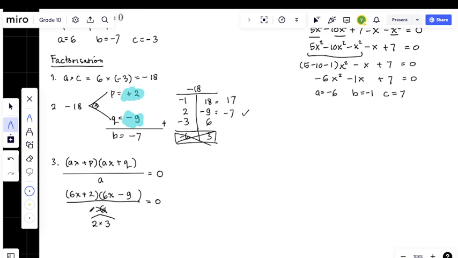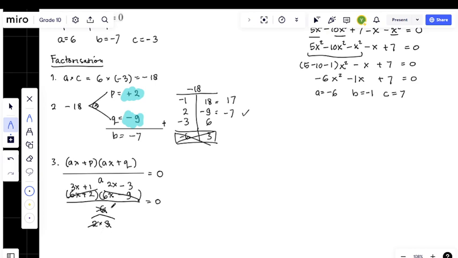Nah sekarang kita coba, ya, the 6x plus 2 surely can be divided by 2, ya. 6x plus 2 nya pasti bisa dibagi 2, yaitu 6x dibagi 2 3x, sedangkan plus 2 dibagi 2 plus 1. So it works, ya, untuk yang ini bisa. Ya, what about the other one? Nah, coba yang belakang kita bagi 3. 6x dibagi 3 2x, min 9 dibagi 3 min 3. Oh, it also works. Ya, berarti ini juga bisa.